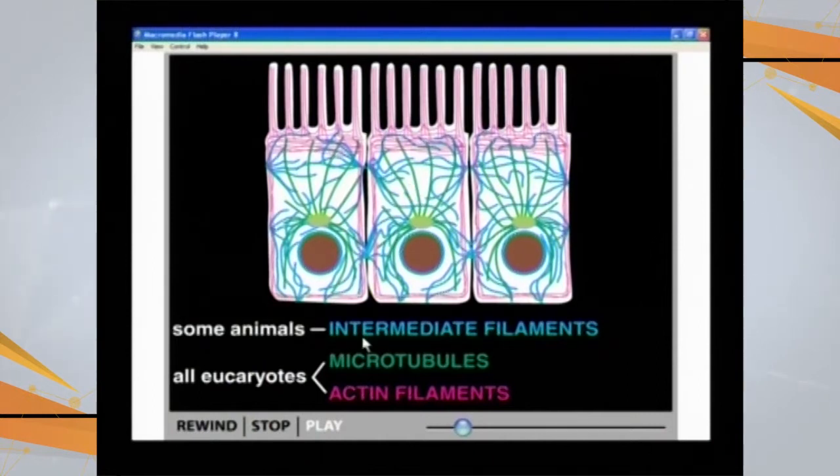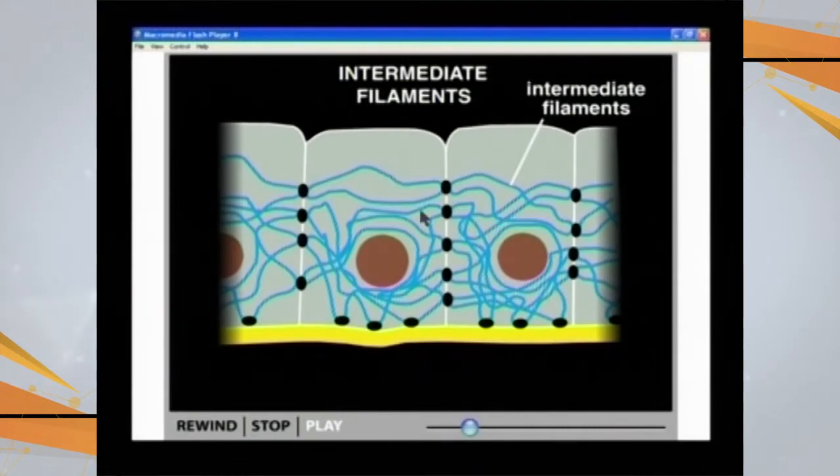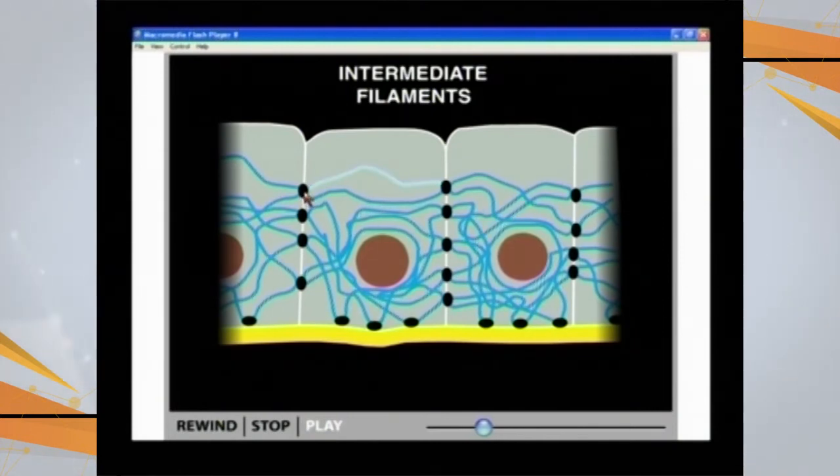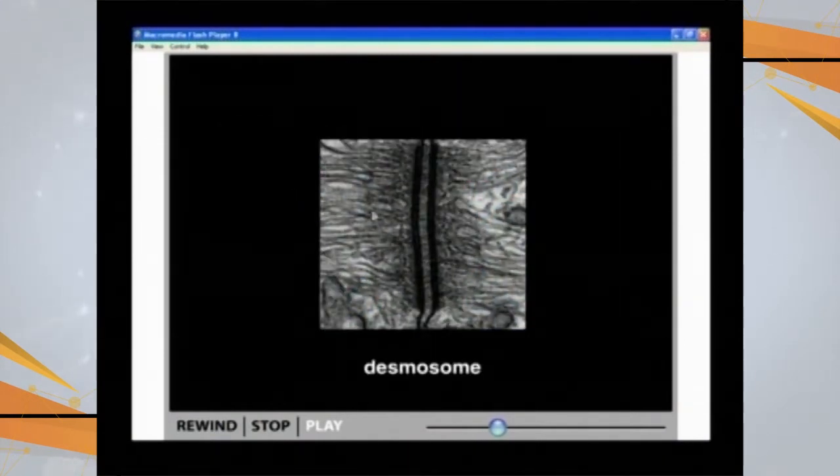These intermediate filaments are more common in some animal cells. Let's say this is one animal cell, and these intermediate filaments pass through the junctions in the cell membrane. These junctions are given a specific name, desmosome. These filaments pass through these desmosomes.